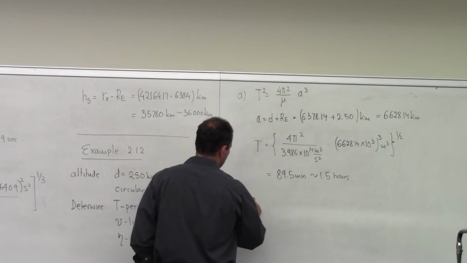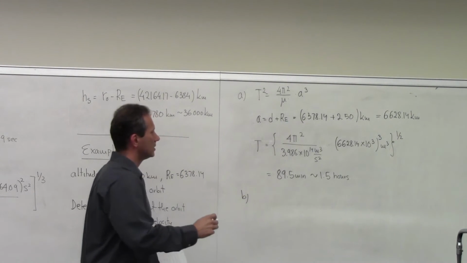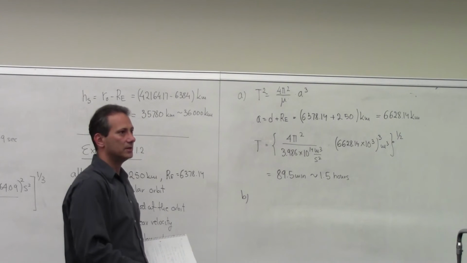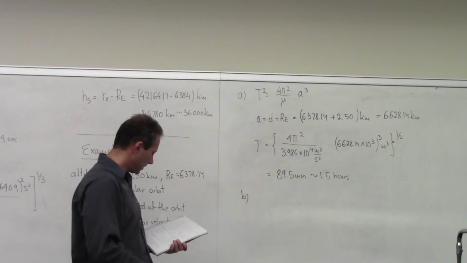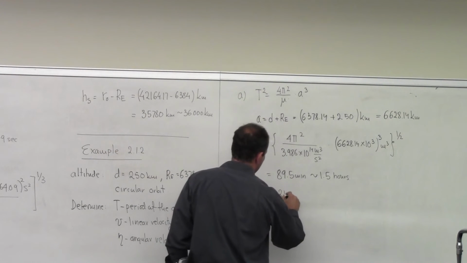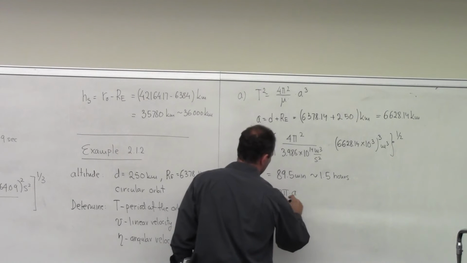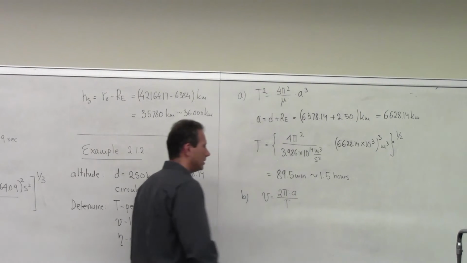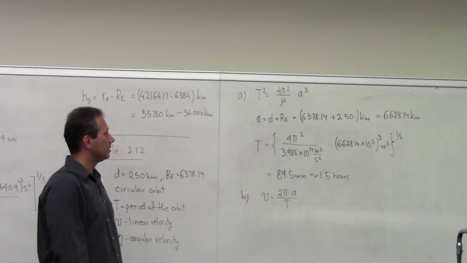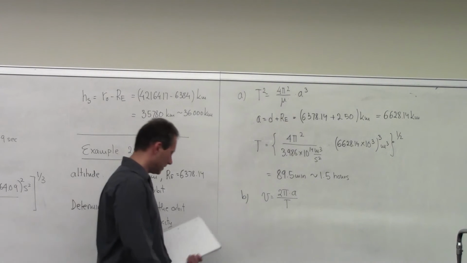What's the linear velocity? Well, linear velocity is essentially the length of the trajectory that it goes divided by this period. So I can calculate the linear velocity as 2 pi times a divided by this period, right? Because it makes a circle, which is 2 pi a, over the period that is 89.5 minutes.